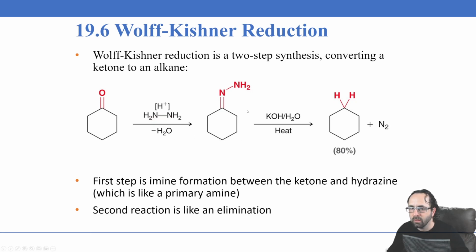And so this is a two-step synthesis that converts a ketone to an alkane. We start by reaction with the hydrazine, and we remove water here, and we form this complex here. Finally, we have a subsequent reduction using strong base and water.